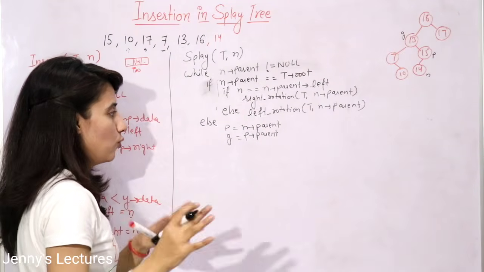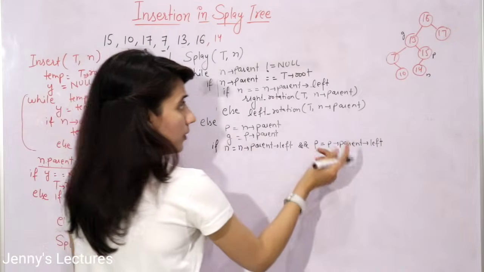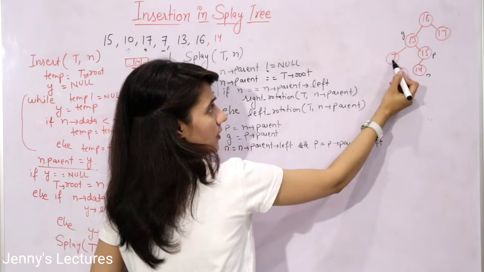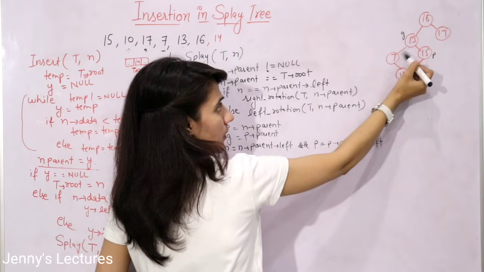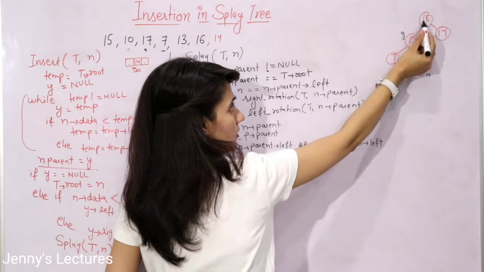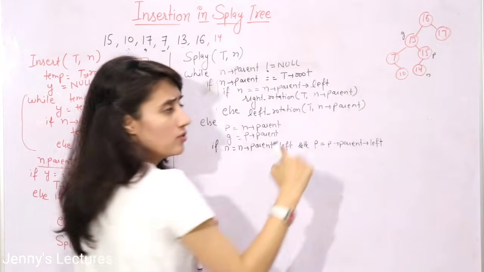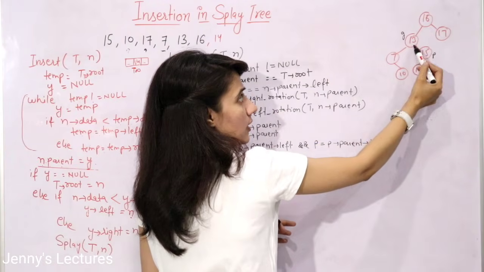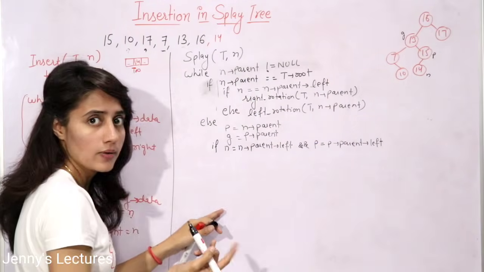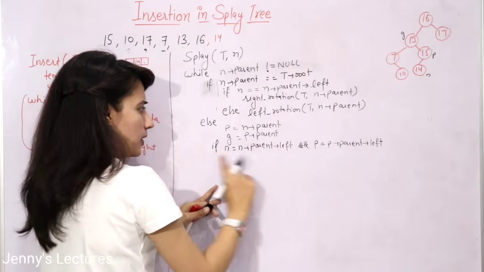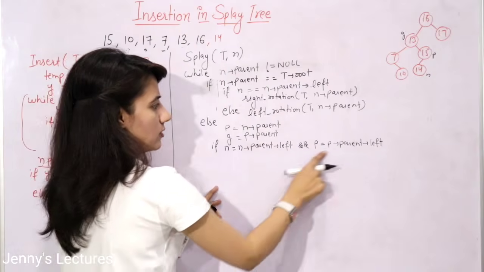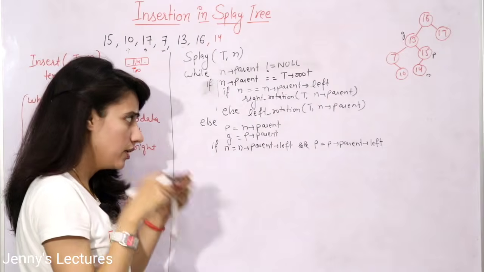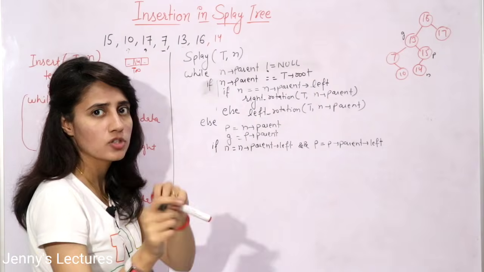Now we will check the 4 cases. If both N and P are left child, suppose here I am taking 7 as N, so P, the parent of 7, is this one, grandparent is this one, so both are left child. It means we will do 2 right rotations, first right rotation on 16, then right rotation on 13, right? If you will not write this condition in the algo, you can write in simple English, if both N and P are left child.